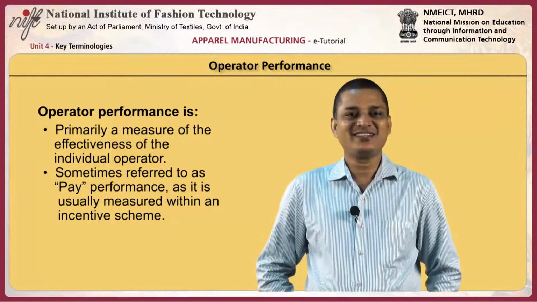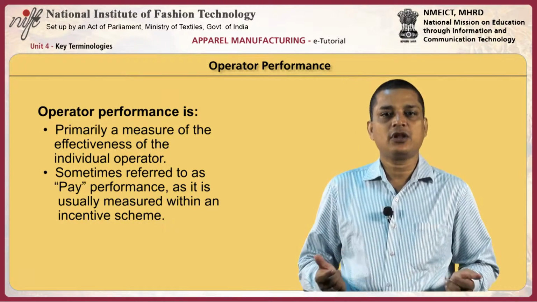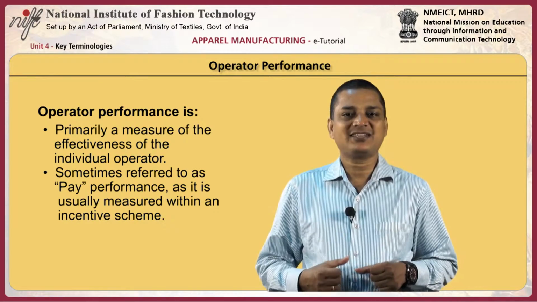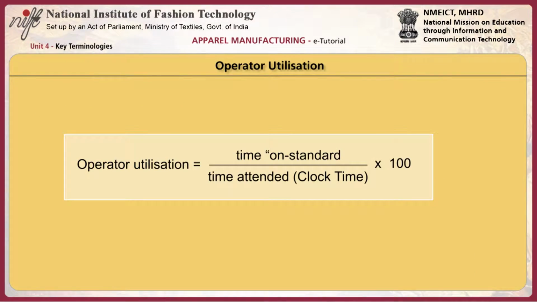Operator performance is primarily a measure of effectiveness of the individual operator, sometimes referred to as pay performance as it is usually measured within an incentive scheme. Operator utilization is a measure of how well the supervisor manages to keep the operators on standard. That is, time on standard divided by the time attended, that is clock time, multiplied by 100.